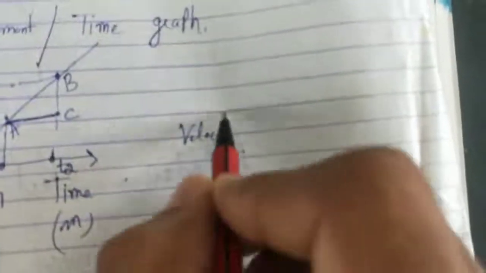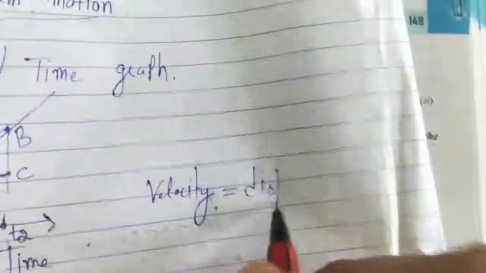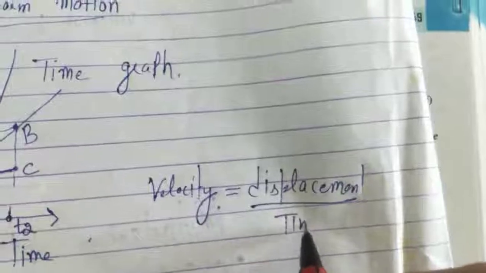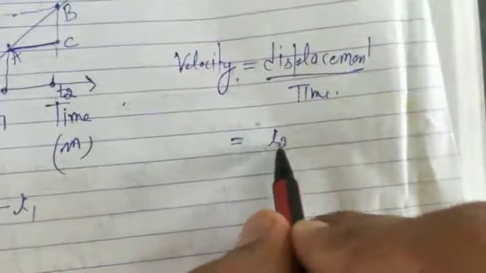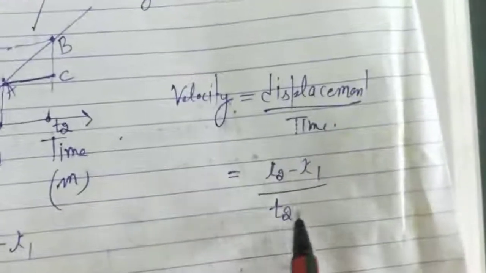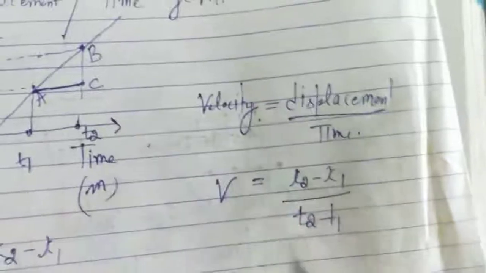So you know the velocity is displacement upon time: x2 minus x1 upon t2 minus t1 is equal to velocity.